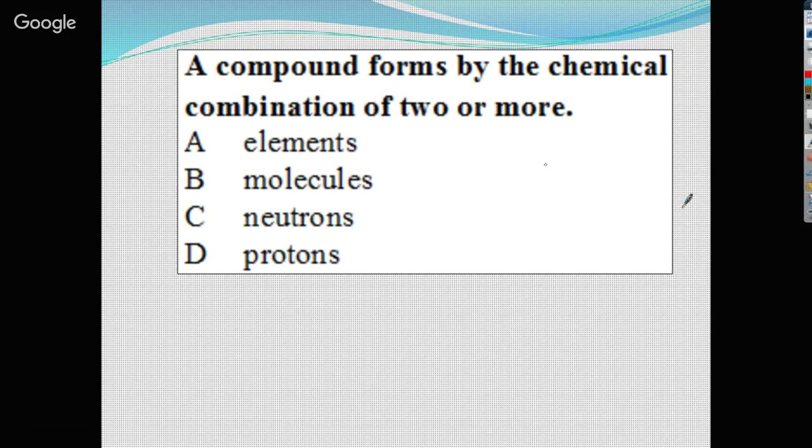So look, if you see this, is that a compound? You just see H. Is that a compound? No, because that's one single element. Is this a compound? Yes, because it's 2 or more elements.